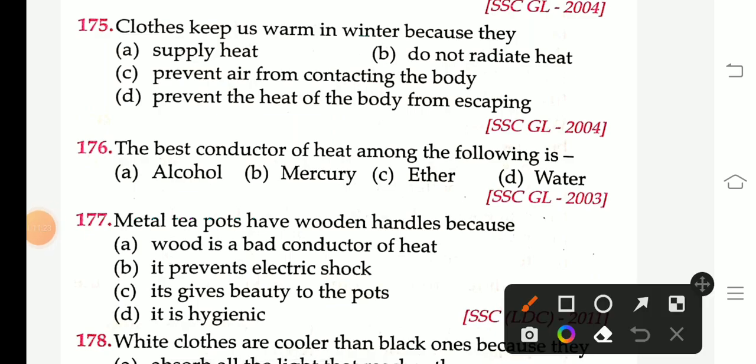Clothes keep us warm in winter because they, right answer will be option D, prevent the heat of the body from escaping. Next, the best conductor of heat among the following is, right answer will be option B, mercury. Next, metal teapots have wooden handles because, right answer option A, wood is a bad conductor of heat.